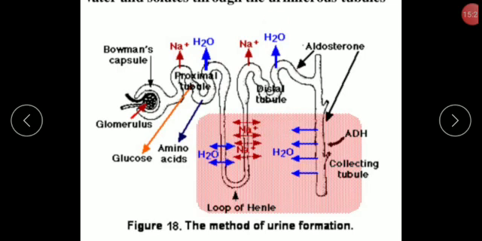Whereas the unwanted or harmful substances which are not required by the body are eliminated only in the DCT and CT, away from the body, converting 180 liters of nephric filtrate into 1.5 liters of urine.